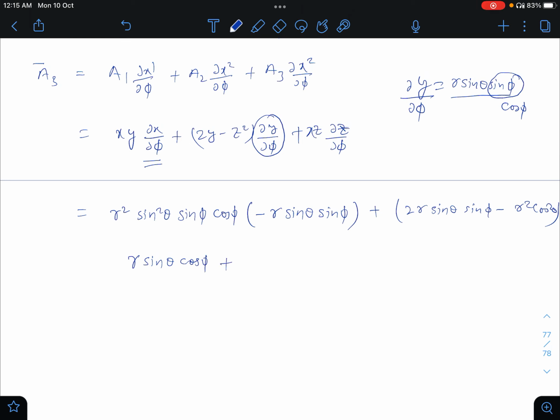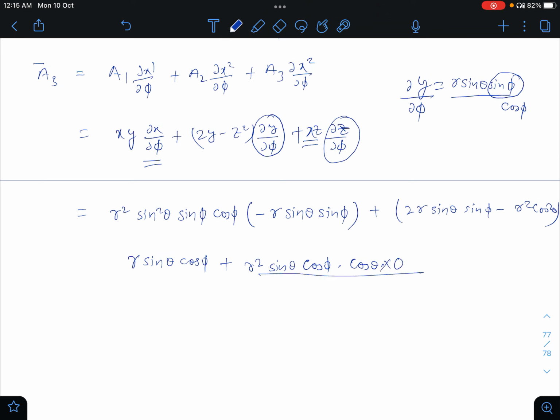and what is x into z? This is r square sin theta cos phi multiplied by cos theta, and what is delta z upon delta phi? It is 0.